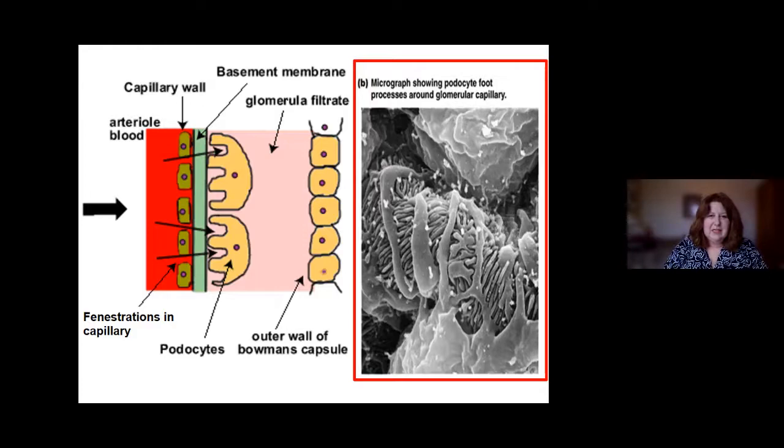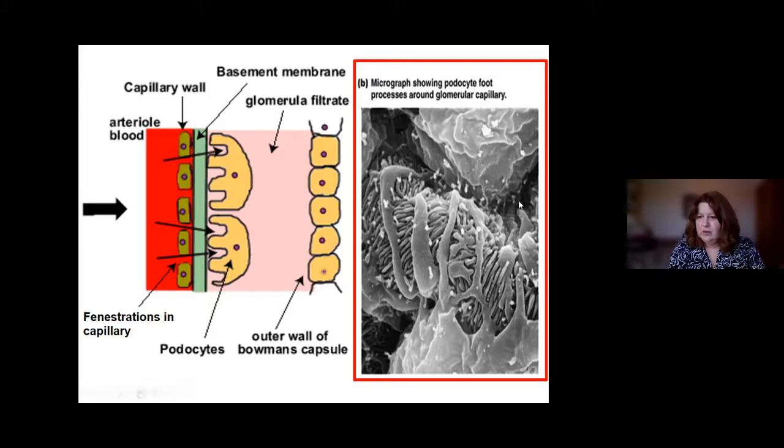And so you can see how substances can get from the arteriole, from the left-hand side of this diagram, through the fenestrations, over the basement membrane, which is like a molecular filter, and then through those finger-like pedicels and into the Bowman's capsule itself, and then we've formed glomerular filtrate. But I thought you needed to be able to recognise that.